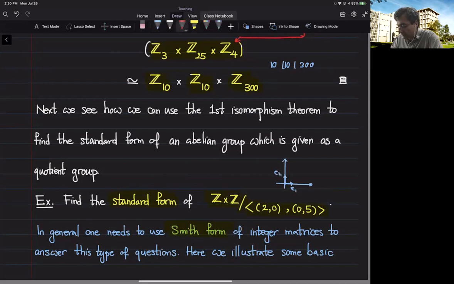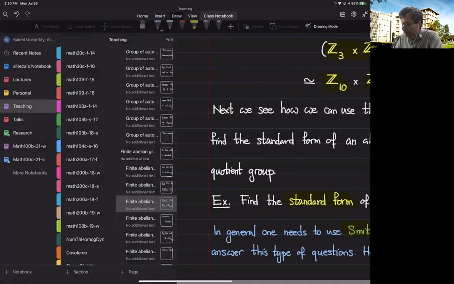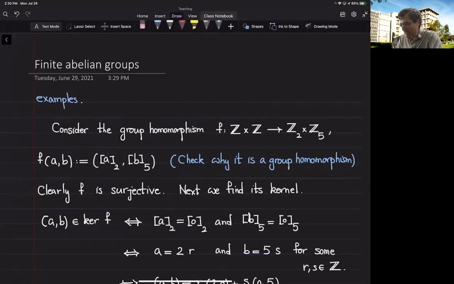Here we are using 2 times E1 and 5 times E2, and that is why we can understand this quotient group rather easily. Okay, now let's look at the solution.